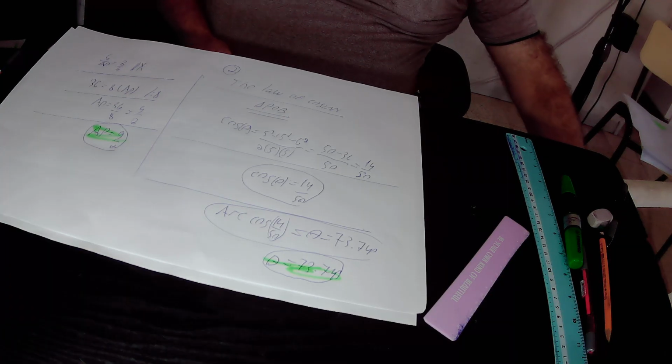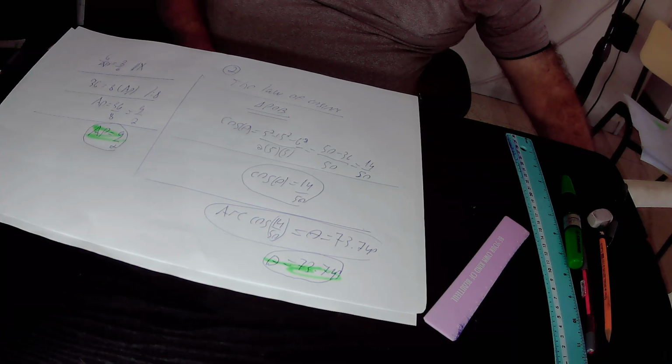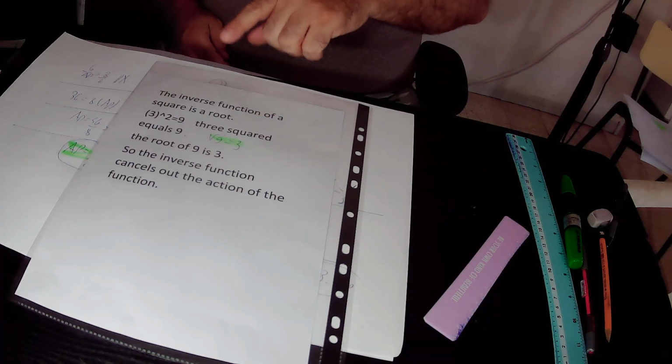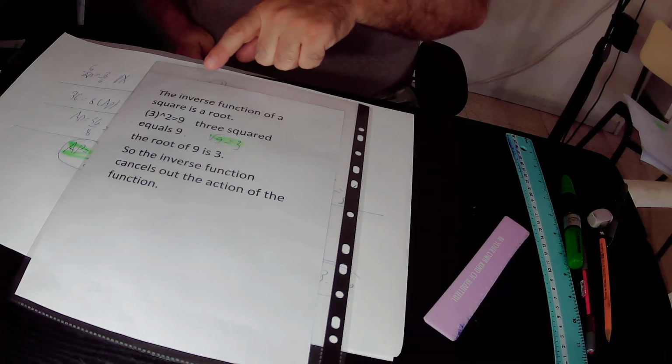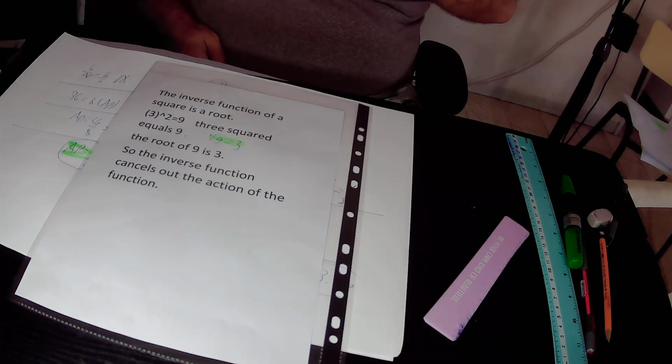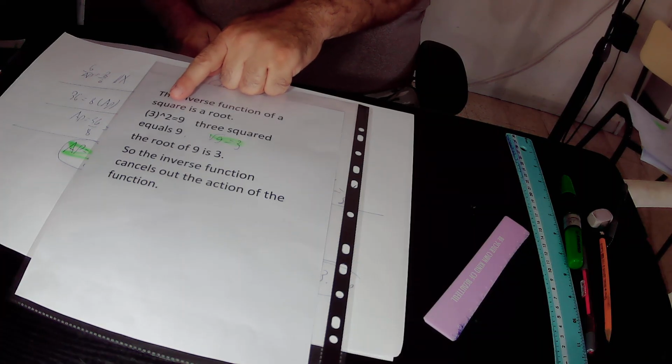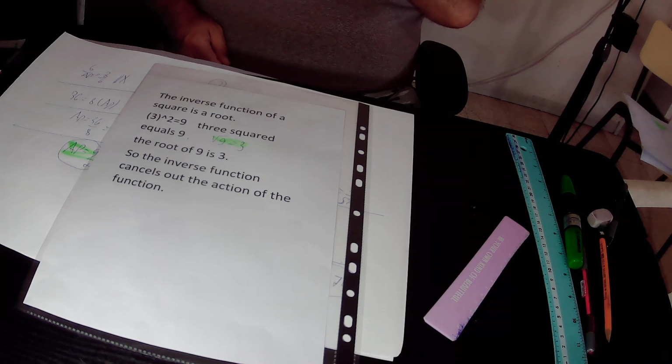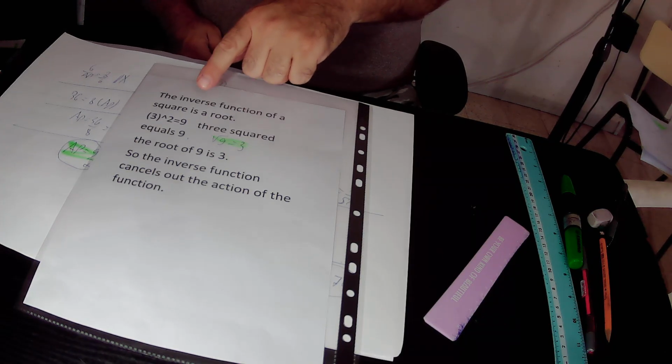It's exactly like the example that I presented to you. The root is the inverse function of a square. So we took number 3 and we squared it. The result is 9. So in order to cancel out the result of the function square, we have to operate the inverse function of a square, that is a root, on the result 9.